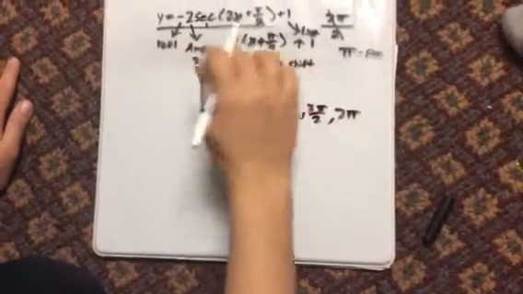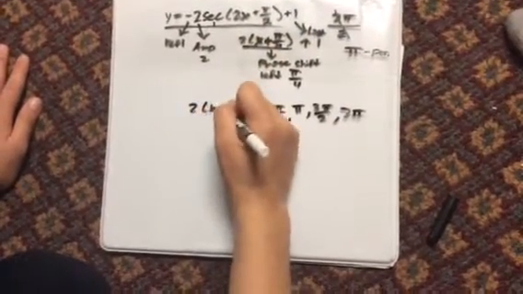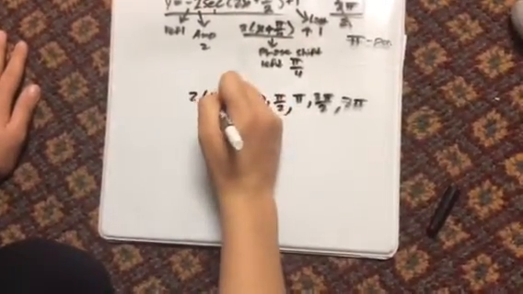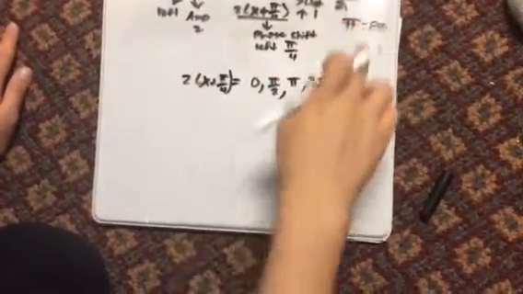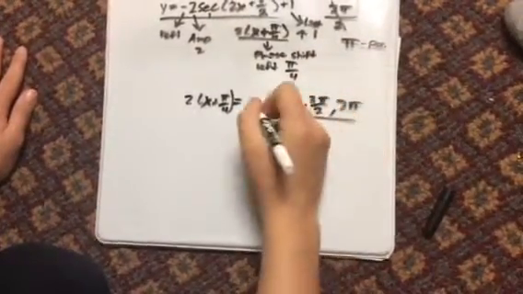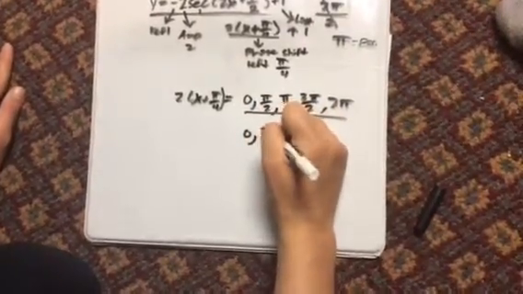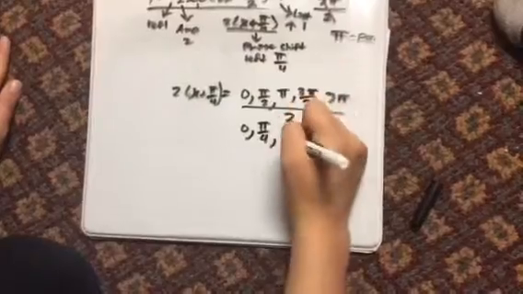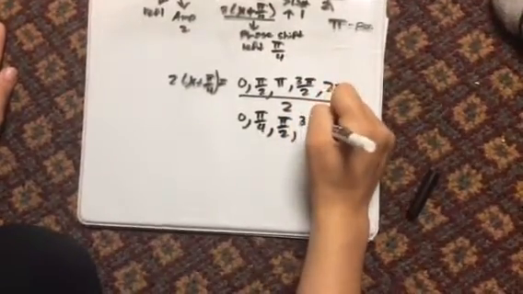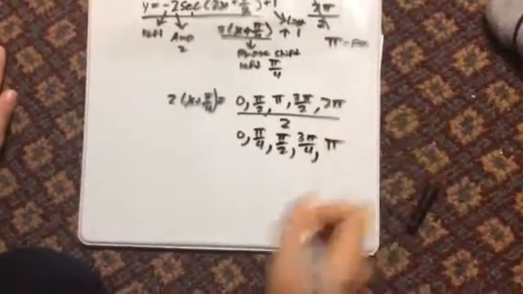So we're going to take this piece right here, and let's just say that this equals these coordinates right here. Like we did right here, we're going to divide all of this by 2. So 0 divided by 2 is 0. Pi divided by 2 is pi over 4. And then you have pi over 2. And we got a 3 pi over 4. And a pi.